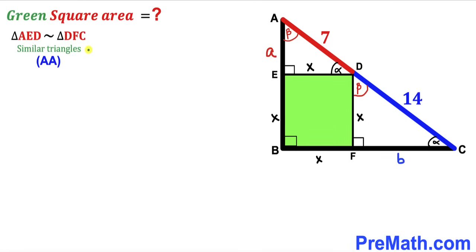Since these two triangles are similar, we have a proportion. The ratio of the side lengths AE and AD must be equal to the ratio of the side lengths DF and CD.